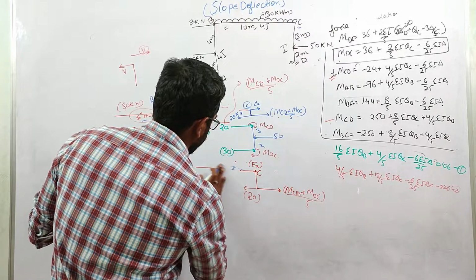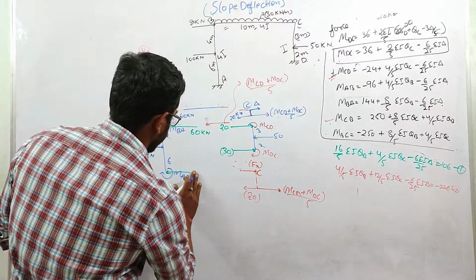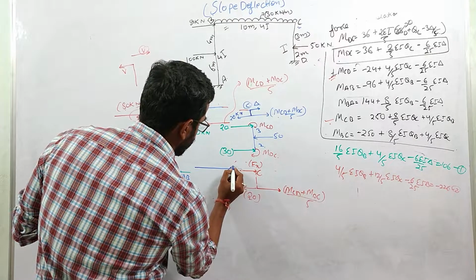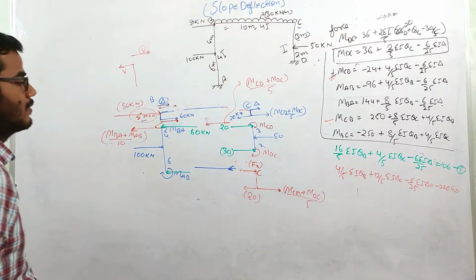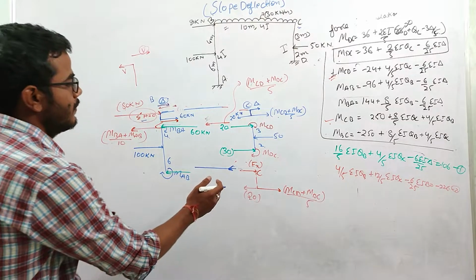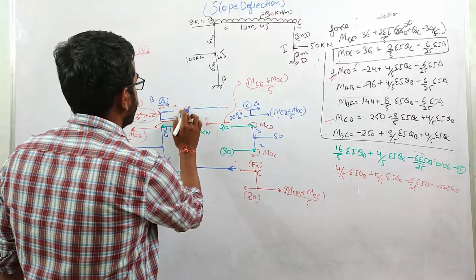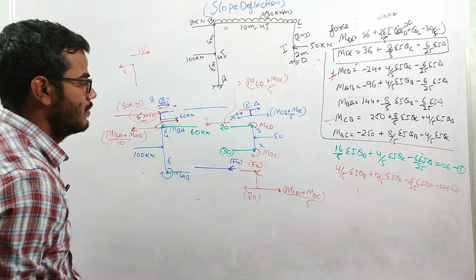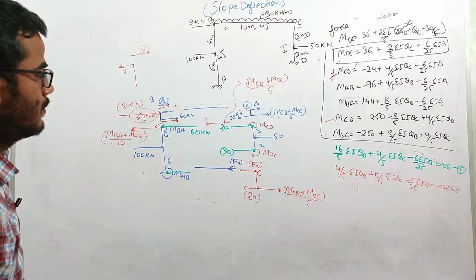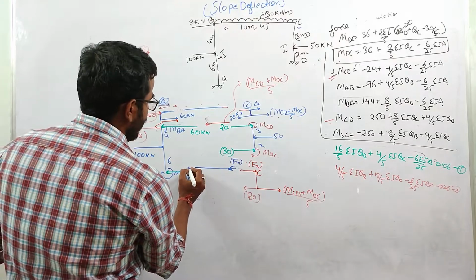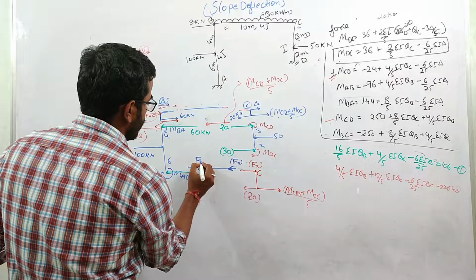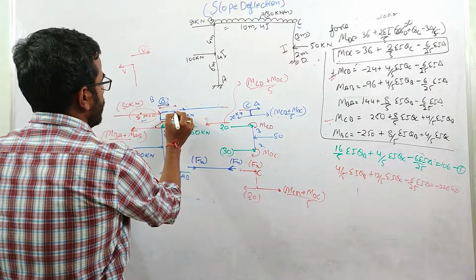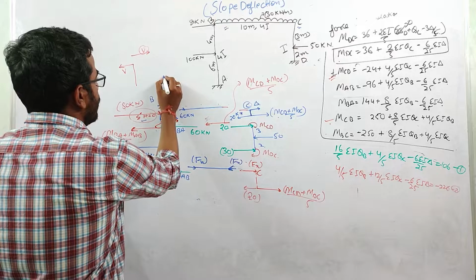The opposite of this force will act on this horizontal member, and let us suppose that is Fx. To balance this, there will be one Fx acting here, and again one force will act on this joint.